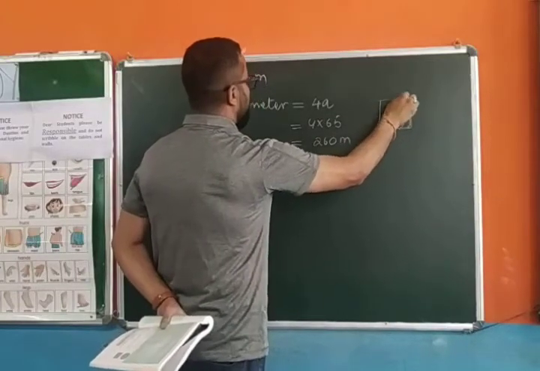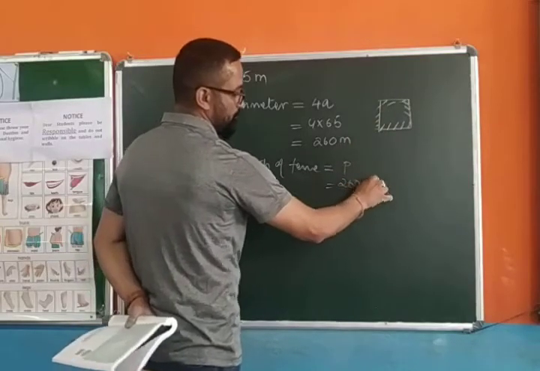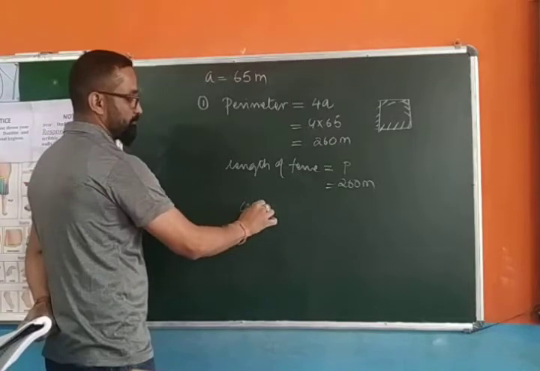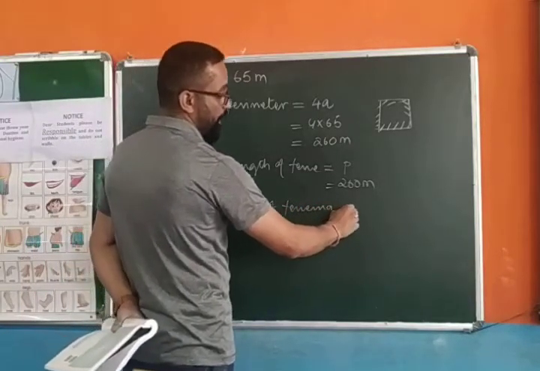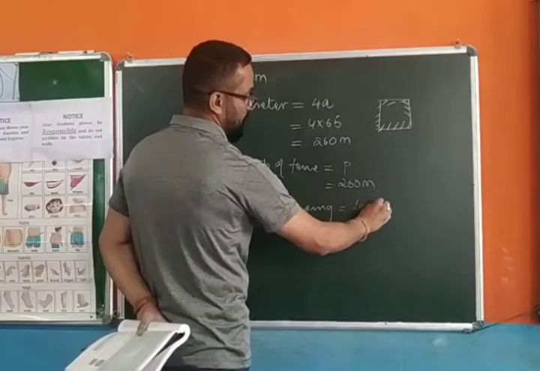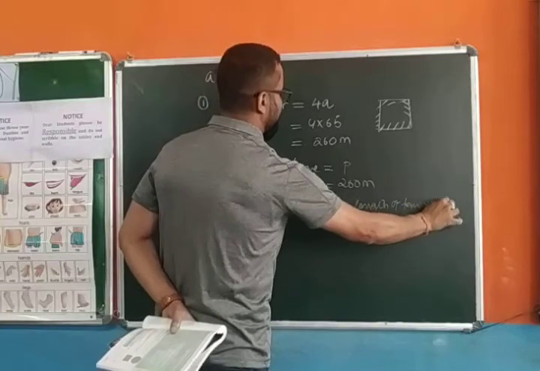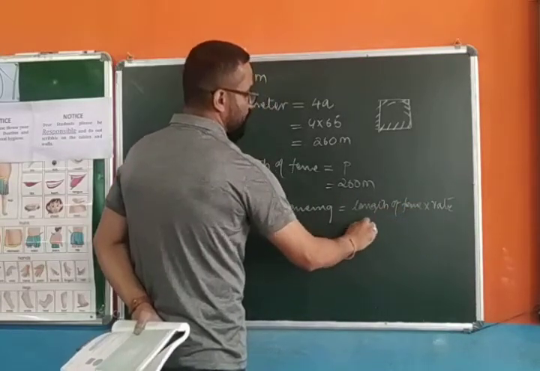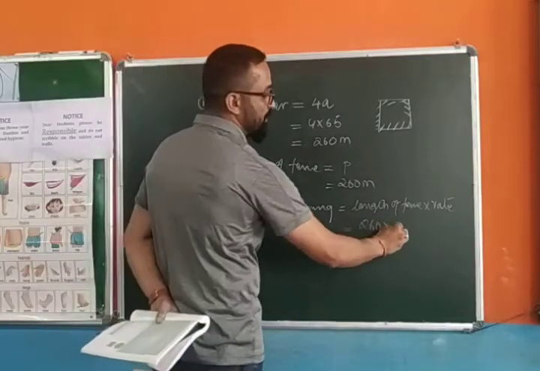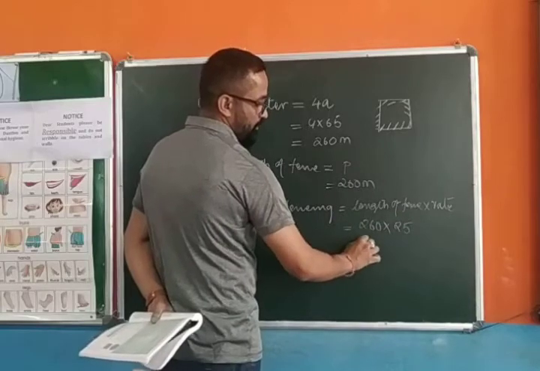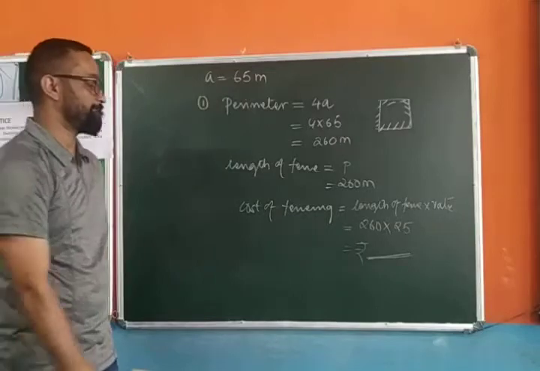So perimeter is equal to the length of the fence, 260 meter. Now cost of fencing is length of fence multiplied by rate. 260 multiplied by, suppose we are buying it for 25 rupees per meter. You multiply this, you get the cost of fencing.